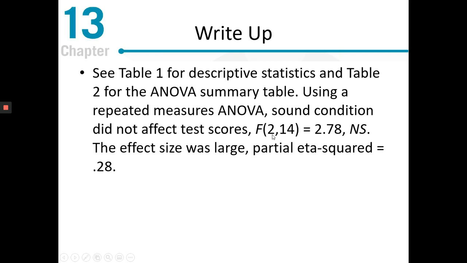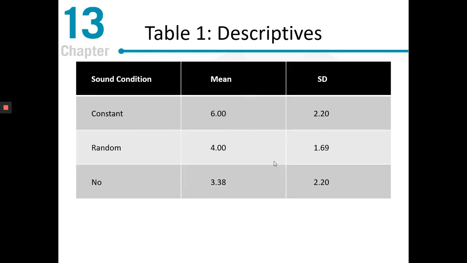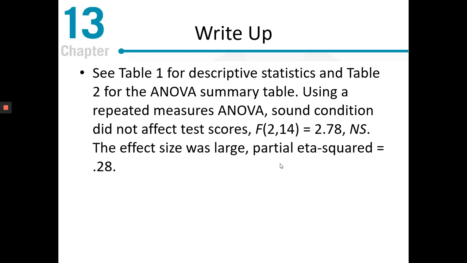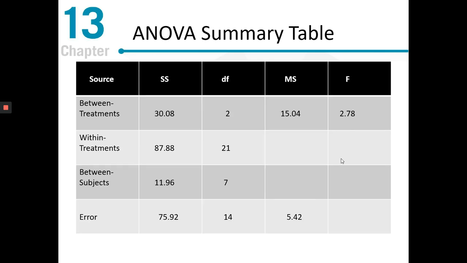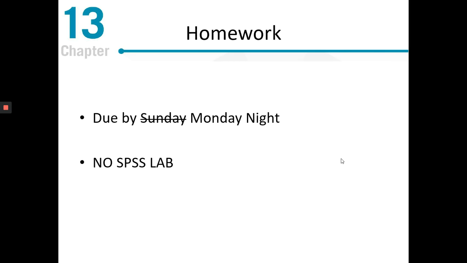We give our F information, degrees of freedom between treatments, degrees of freedom error, our F we calculated. It's not significant, so we can't dig into these pieces. We stop right there. So we say the effect size was large, partial eta squared is 0.28, and we have our tables, and that's it.